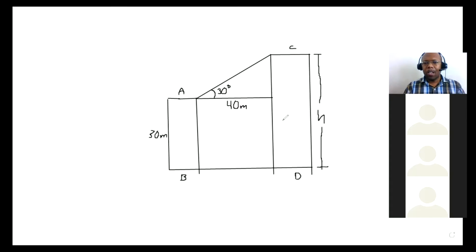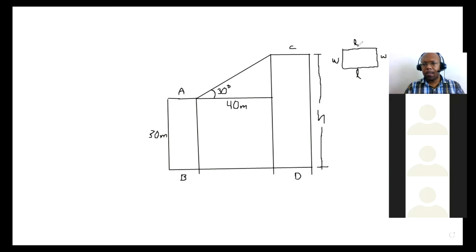Now, a property that you need to know is that when you have a rectangle, which is the situation I see happening here, the lengths correspond, as well as the widths, right?